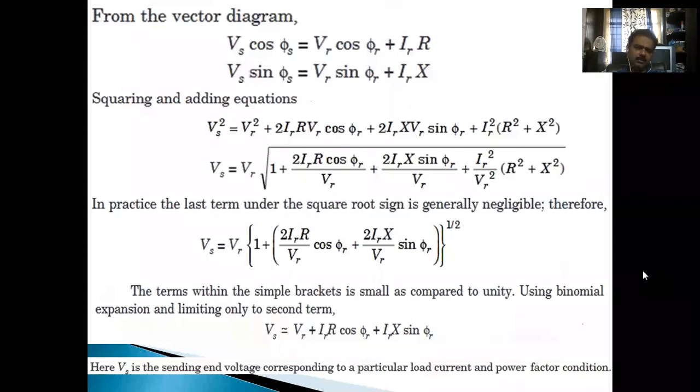Then in those two cases, the equations may slightly change. Instead of positive, you will get a negative sign, and instead of one term, it can be sine 0. If the phase angle is 0, the sine 0 term is 0 and cos 0 is 1. In terms of unity power factor, it is VR plus I into R only. There is no question of cos and sin phi terms in case of unity power factor.